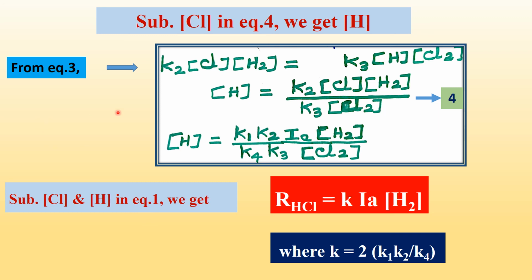In competitive exams like CSIR and GATE, they will give you the mechanism. You just apply the same principle, the steady state approximation, and you obtain the rate of formation of HCl, or of any HX.